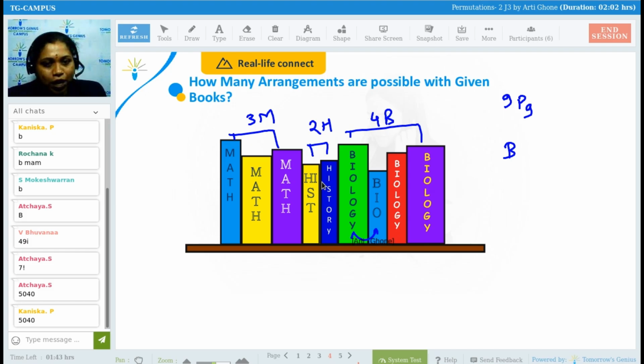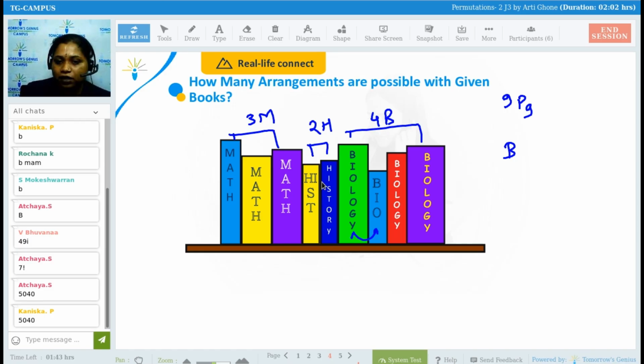Both are biology books only. So is there a different arrangement in biology and biology? No. Clear? So the number of ways will be reduced because our data is of a similar kind. Clear? Some of the objects are of different kind and some of the objects are of a similar kind. Clear? So this is our today's session, what if some are identical units. Clear? Okay? Got it?